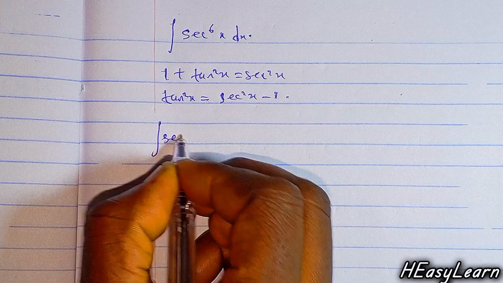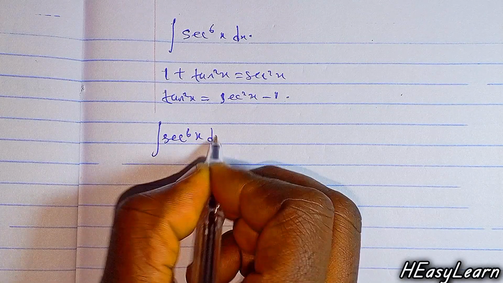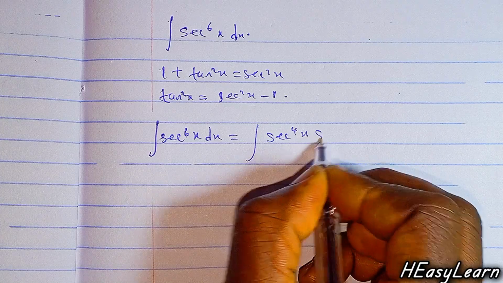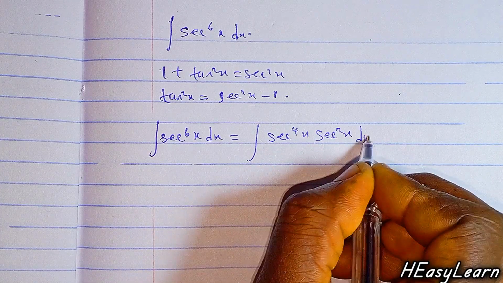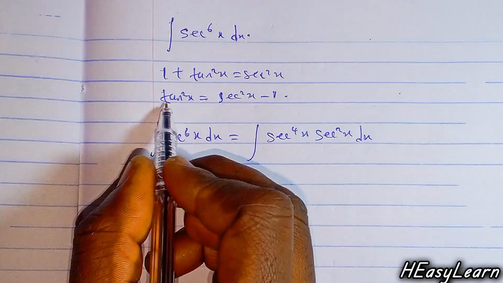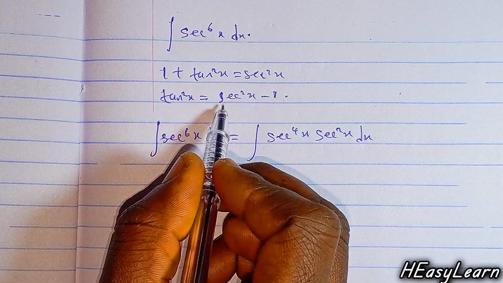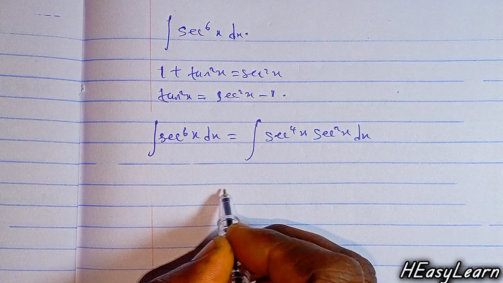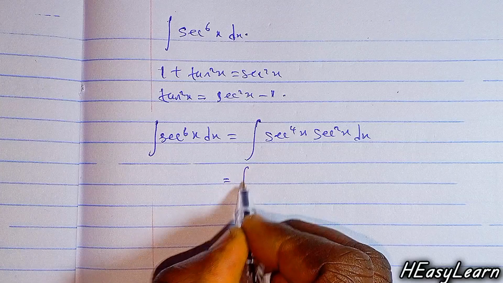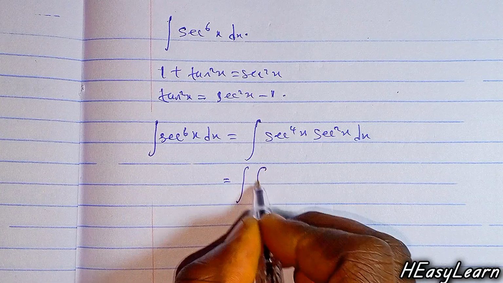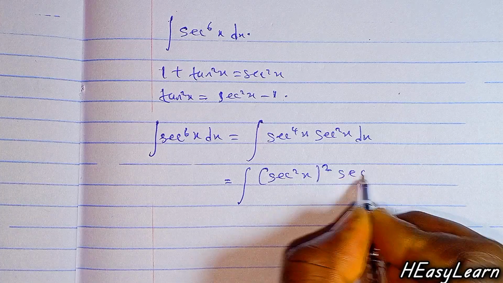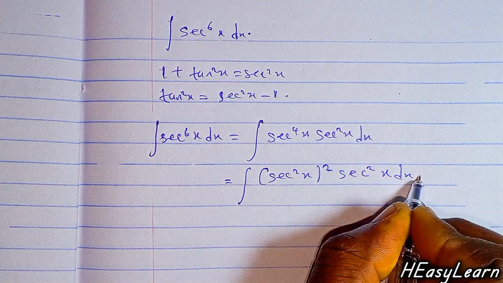To integrate sec 6x dx, this is the same thing as sec 4x sec square x dx, because we only know the relationship between tan square x and sec square x. So we write the expression in the form of squares to change the identity. This is the same thing as sec square x to the power of 2 times sec square x dx.